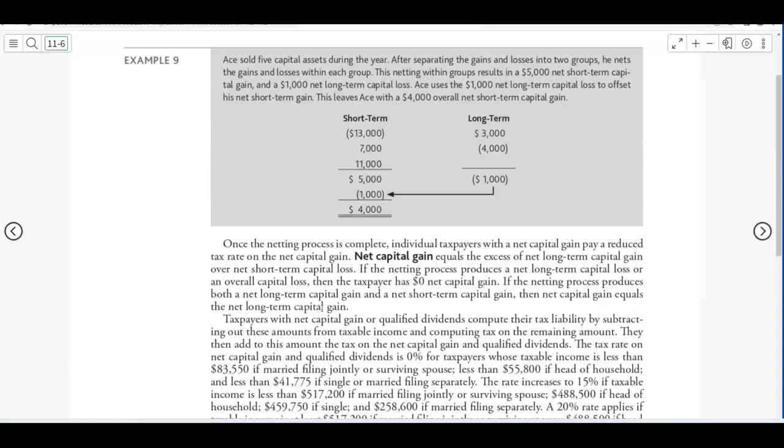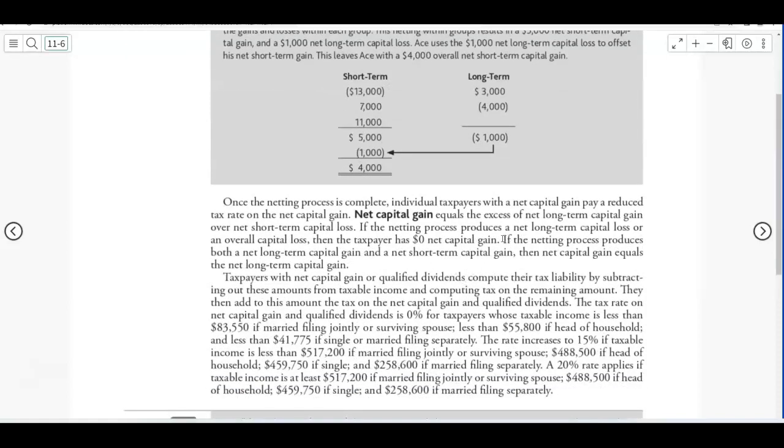So let me translate this a little bit easier. If the netting process produces both a net long-term gain and net short-term capital gain, so we have two types of gains, both long-term gain and short-term gain, then net capital gain equals the net long-term capital gain.